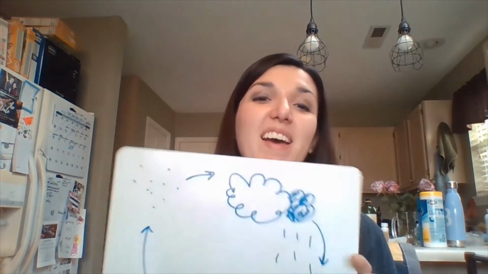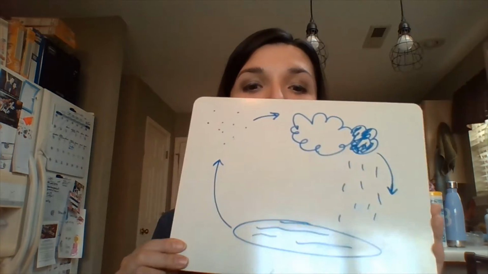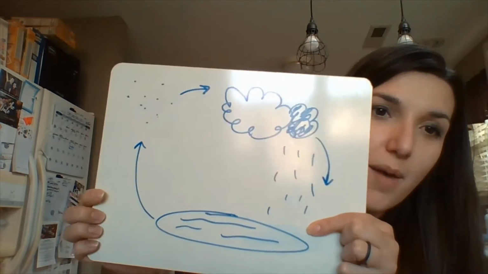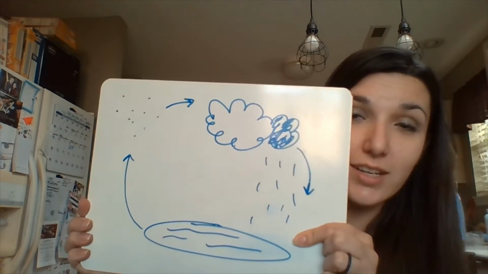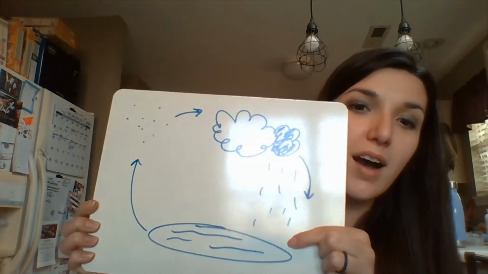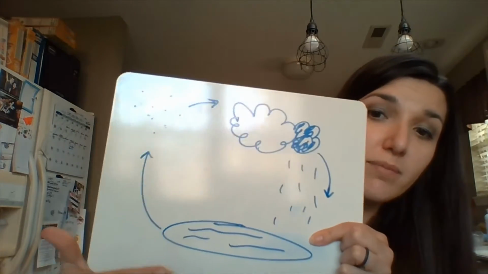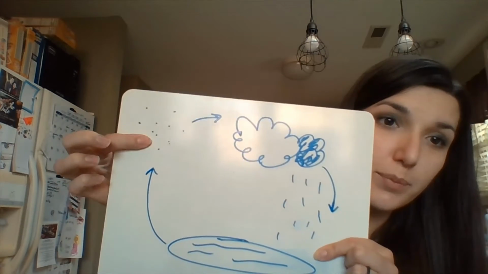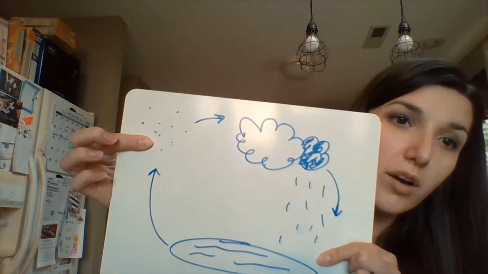So, when we talk about clouds, which is what we're going to make, we need to know a little bit about the water cycle. So, when we've got water down here in the bottom, this is called accumulation, and when it's in a river or a pond or a lake or an ocean, it's all accumulated there. When it then turns from liquid into gas, these are invisible in the atmosphere, but these are water vapor droplets.